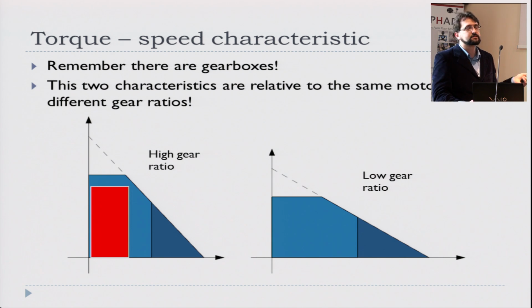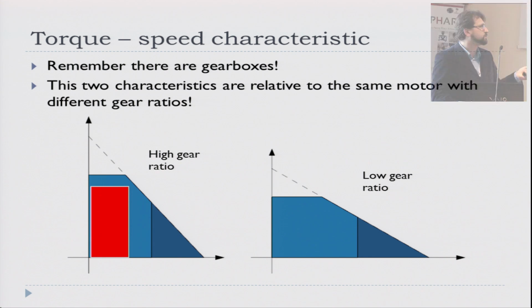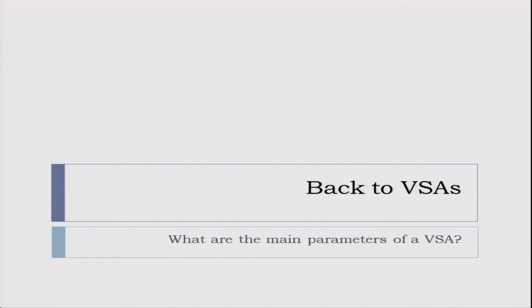This is an error that new students often make. If you ask them to choose a motor, they just take the electric motor without any gearbox, and they say, oh, I need an enormous motor. No, you need gears. So let's go back to VSA.